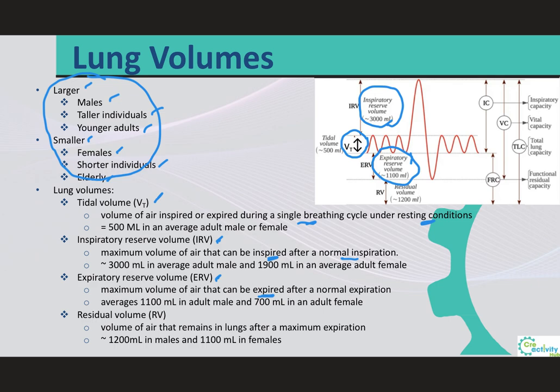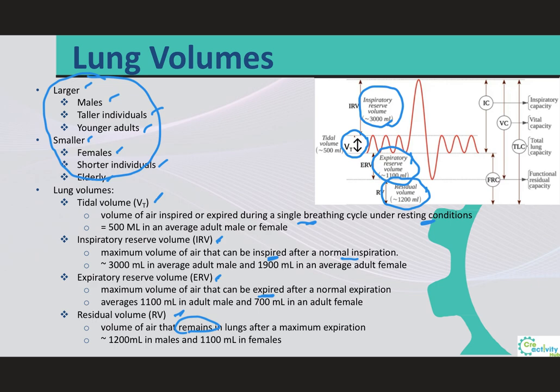Next, we have the residual volume, which is the volume of air that remains, that's why it's called residual, in the lungs after a maximum expiration. And this will amount to 1,200 mLs in males and 1,100 mLs in females. So it's pretty close.